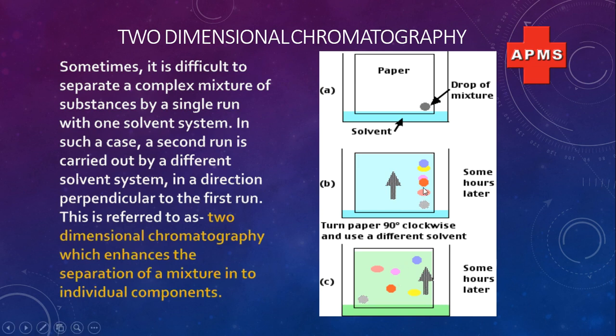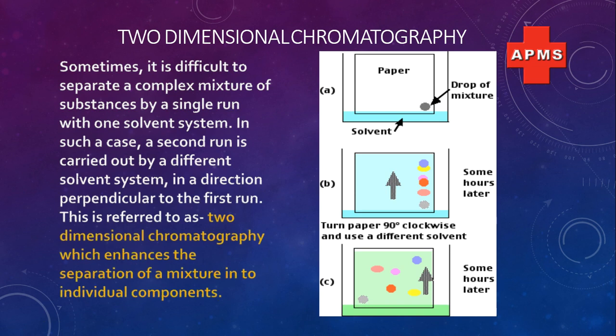Then see, these red color and pink color components which were merged here are separated. So this is the second run, which is perpendicular to the first run. This is referred to as two-dimensional chromatography, which enhances the separation of a mixture into individual components. Basically this technique is used for complex mixtures where many components have very similar properties for a particular mobile phase.